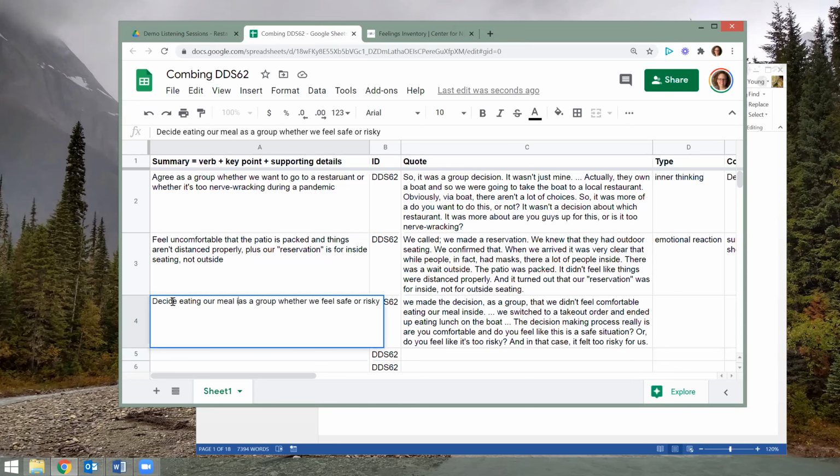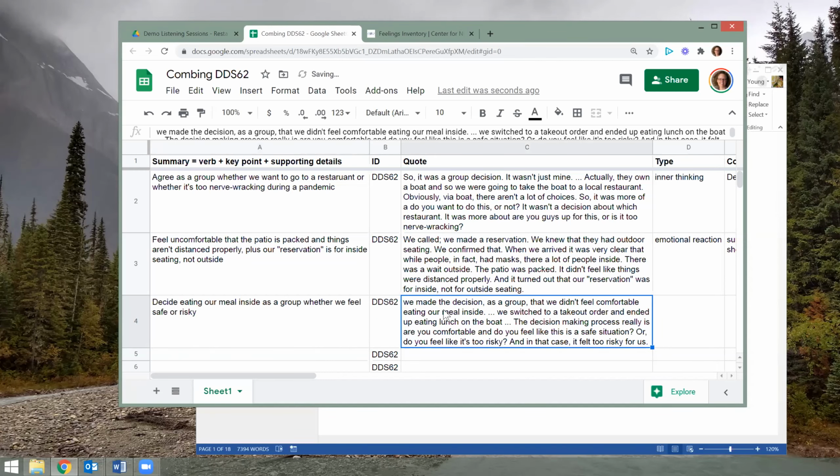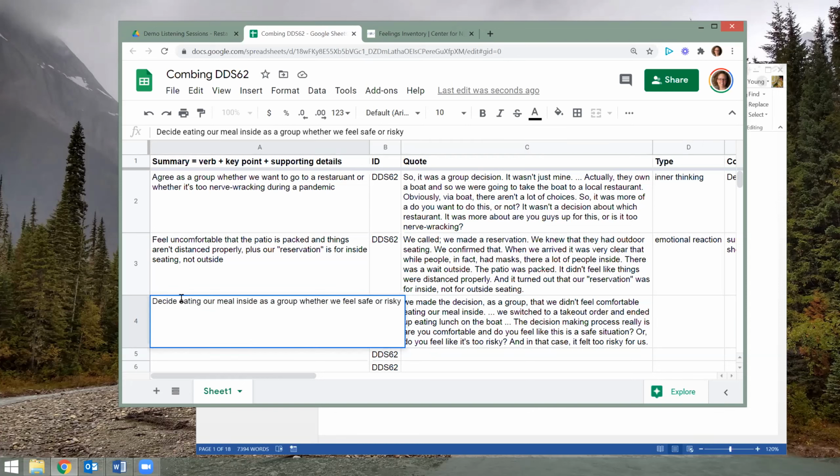Eating our meal inside. Do you see that? It's right here. Eating our meal inside. So I'm trying to grab words. So decide that eating our meal inside, I guess we needed that in here, feels too risky. There we go.